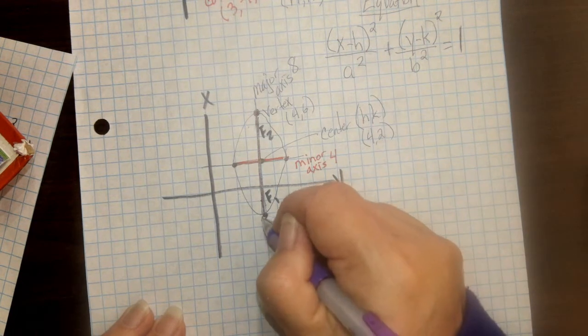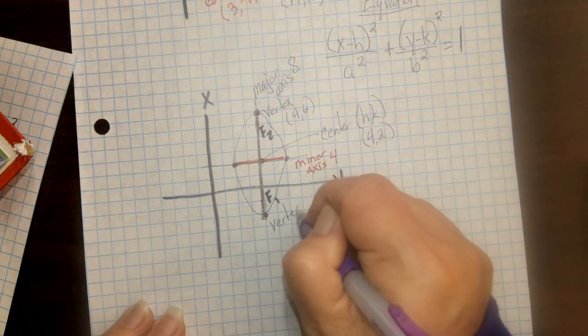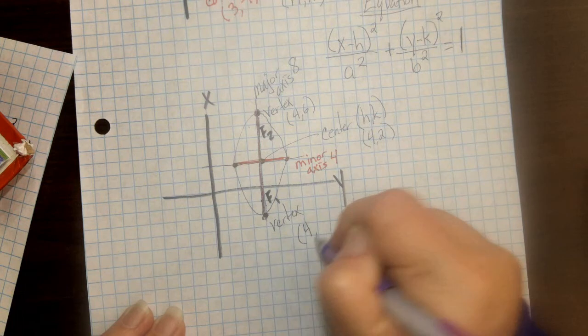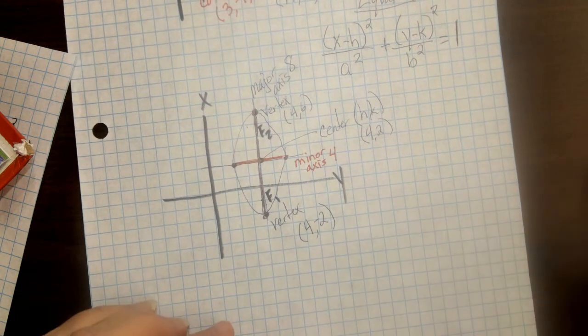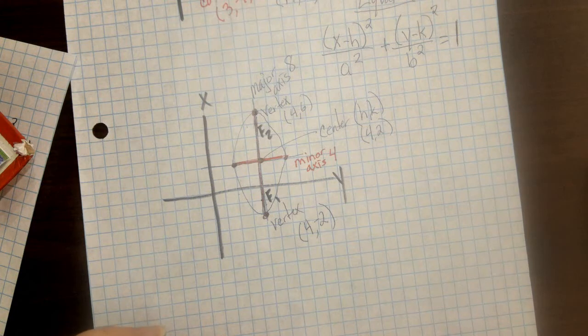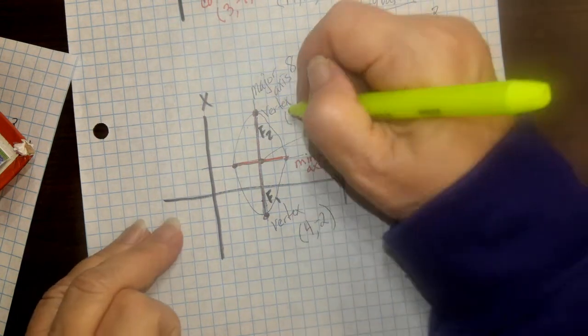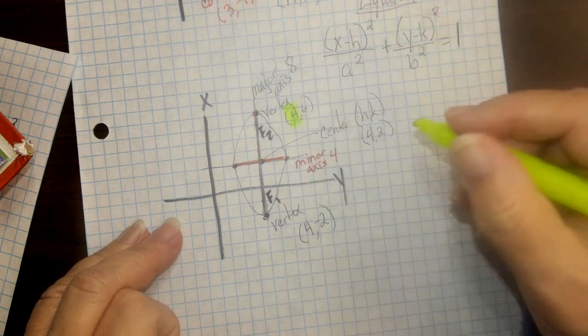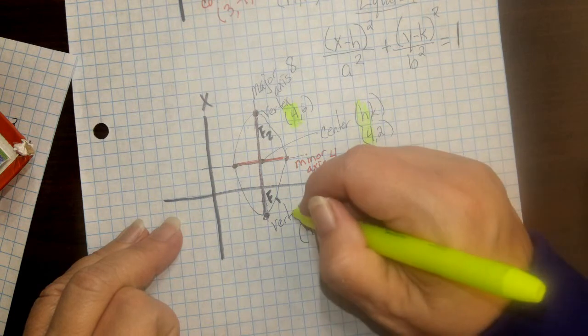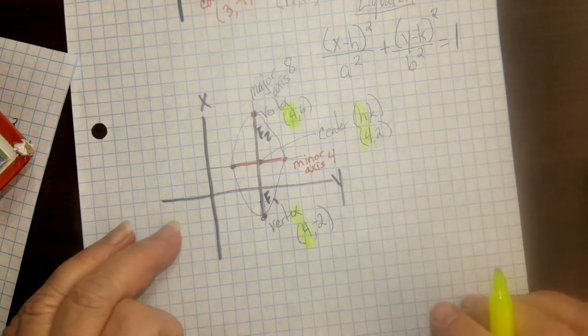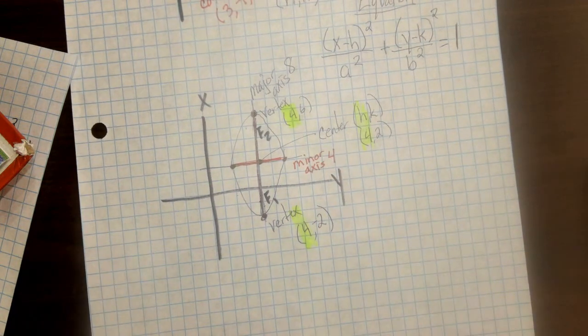And this vertex down here would be at 4, negative 2. So notice, if you will, that the x-coordinate for your vertex, the x-coordinate for your center, the x-coordinate for your other vertex, they're all the same. They're all h, because they're in line with each other.